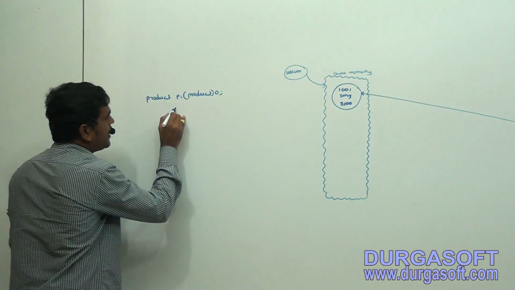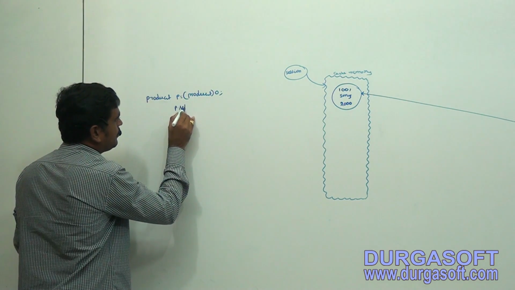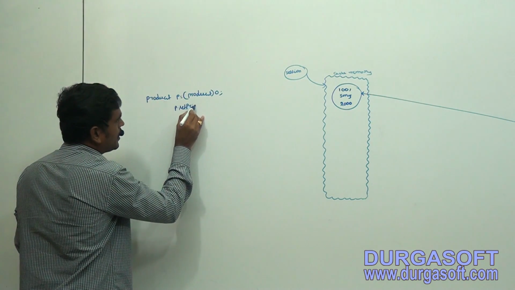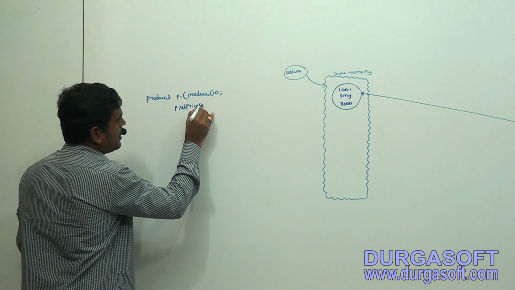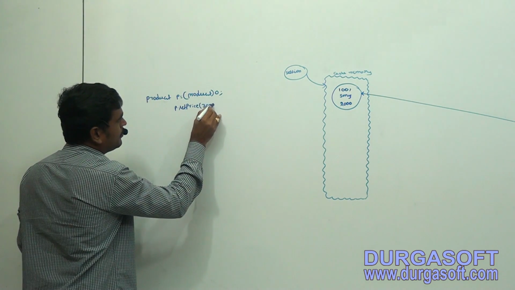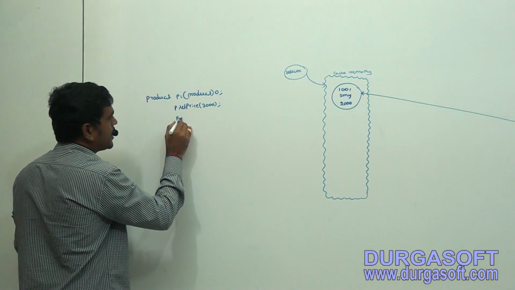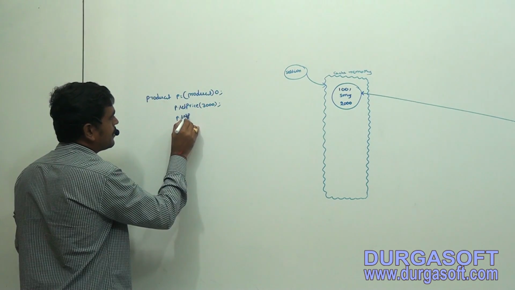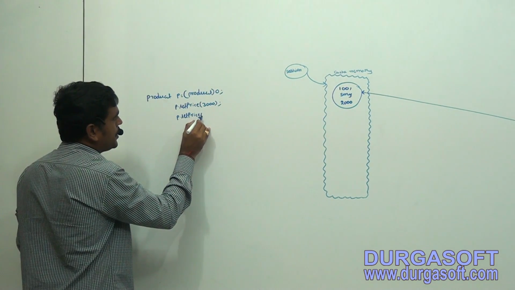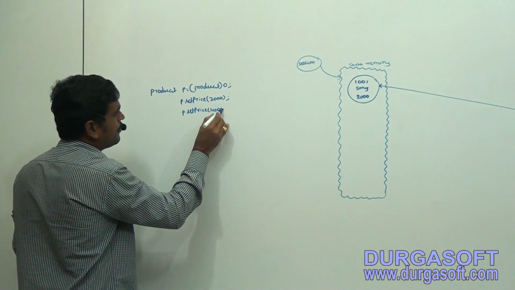After that, p.setPrice, I am setting here 3000. Next, once again I am modifying the same object, p.setPrice. 2 times I modified that object.